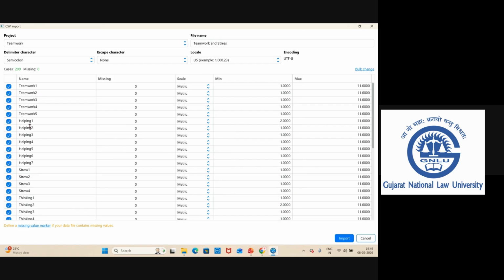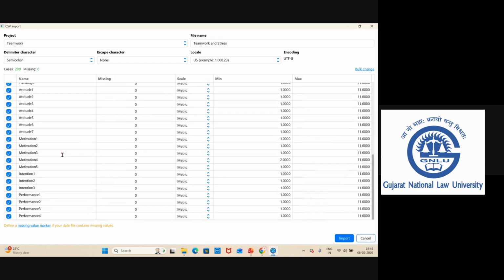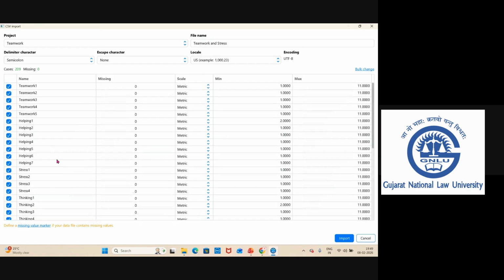Teamwork, helping behavior, stress. These are the variables that you're going to use as part of this particular construct. Now, looking at the missing values, we don't have any missing values. Either you can consider it as metric data or as ordinal data.